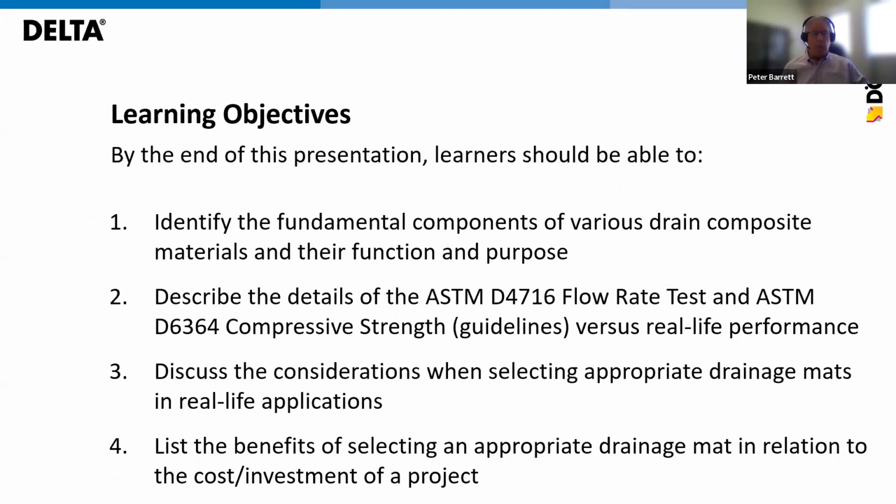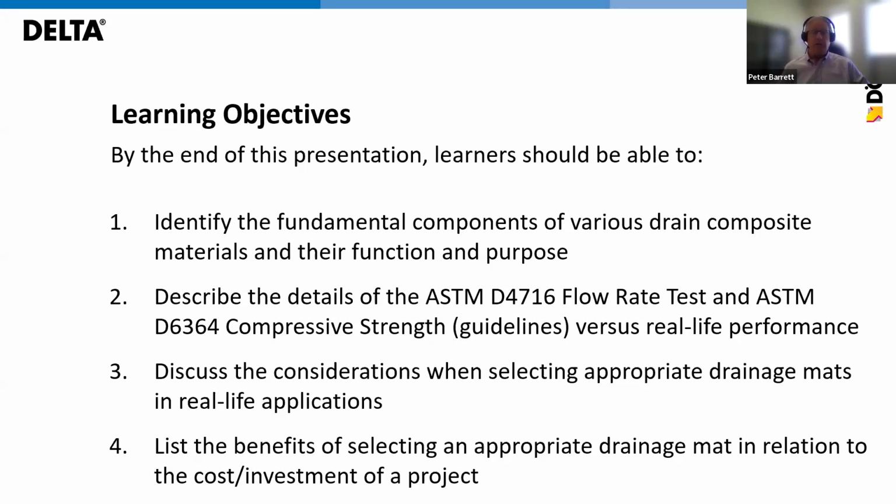Well, being AIA, we do have some learning objectives. By the end of this presentation, you ought to be able to identify the fundamental components of various drain composite materials and their function and purpose. You should be able to describe the details of ASTM D4716 flow rate test and ASTM D6364 compressive strength versus real life performance expectations.